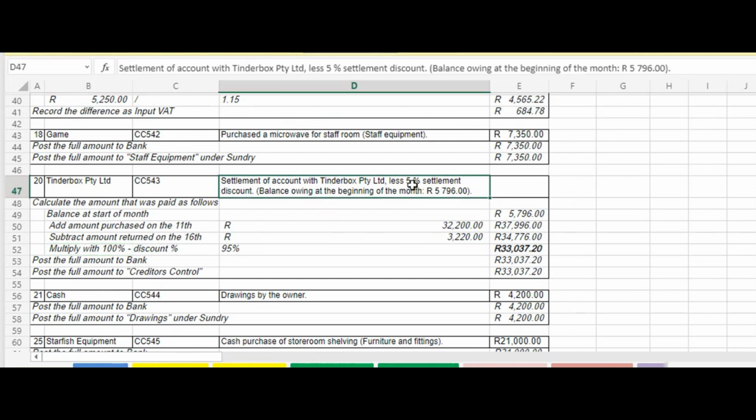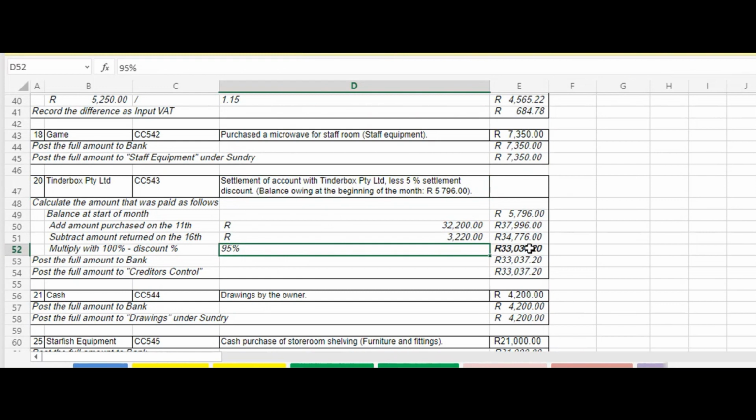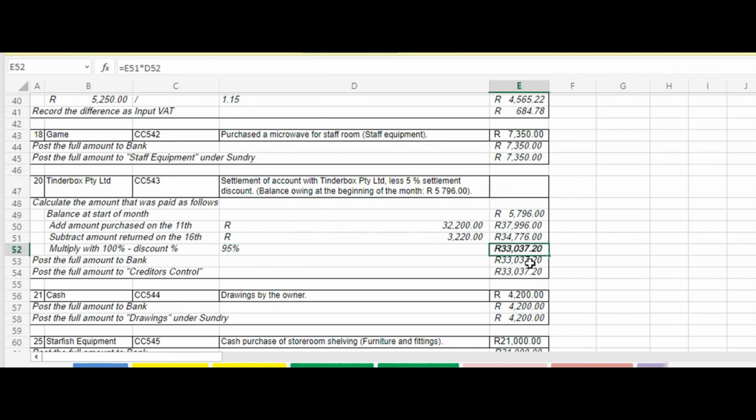We know that the settlement discount is 5%, so we're going to multiply it with 95%, and we are getting 33,037.20. Then we are going to post the full amount to bank, and we are going to post the full amount under creditors control.